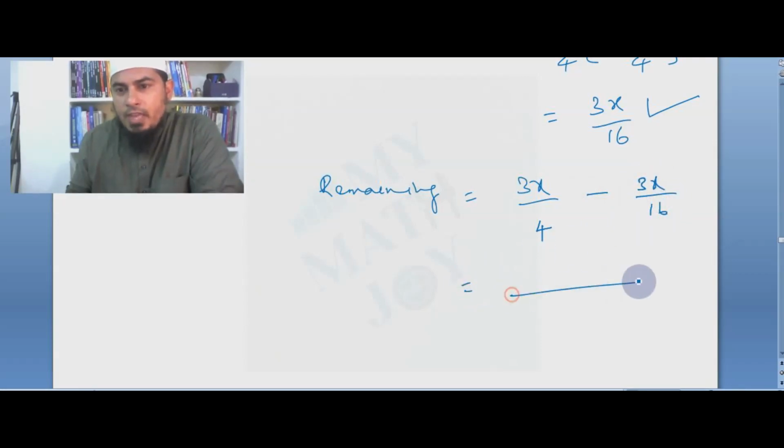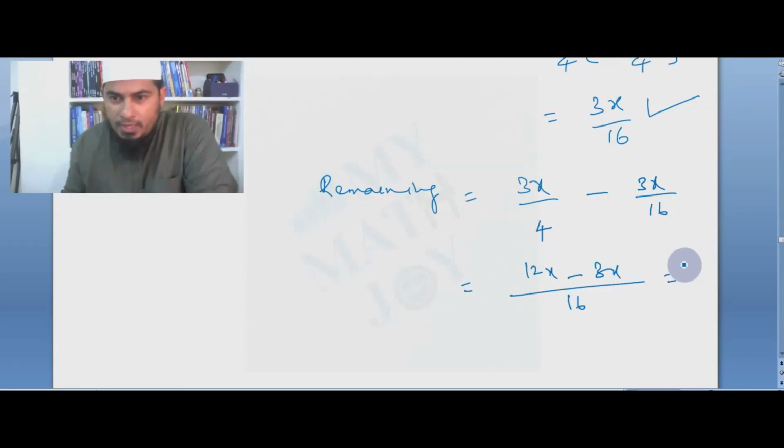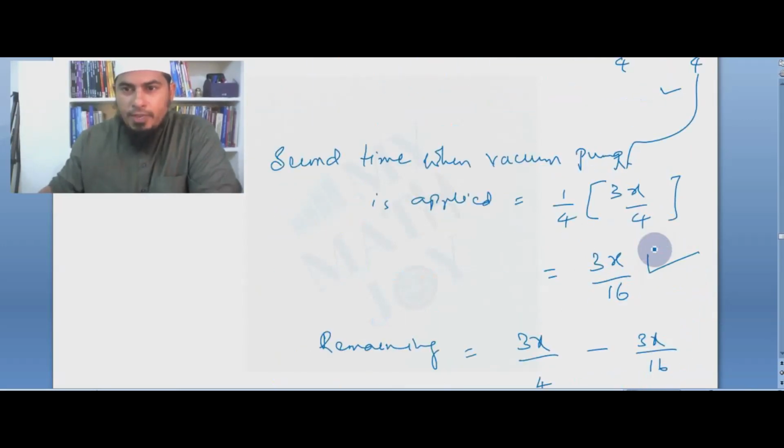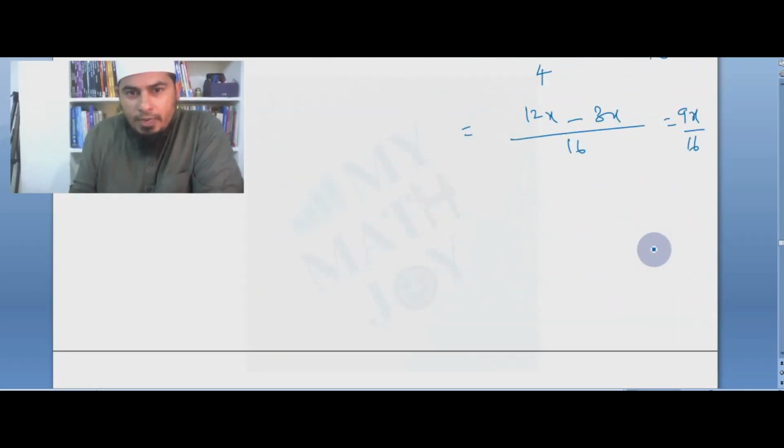How much is left out? 4 times 3 is 12x minus 3x over 16. You are left out now with 9x over 16.